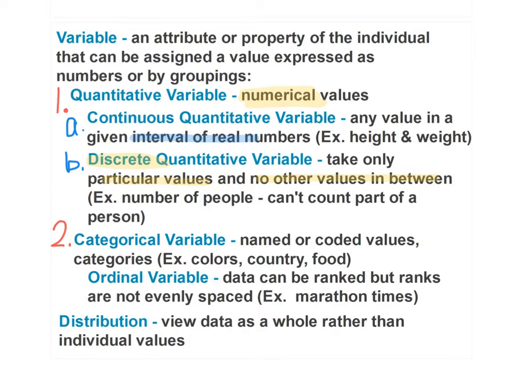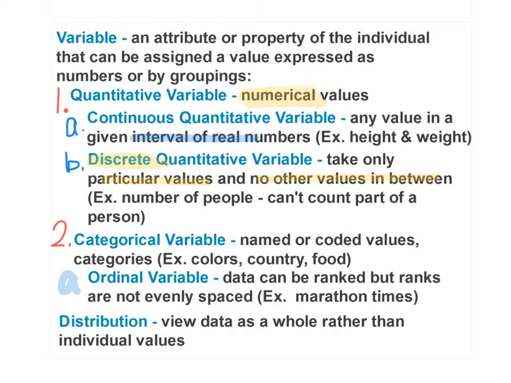Okay, categorical are named or coded values. Categories, these are anything that's not a number. So colors, country, food, that represents a categorical variable. Under categorical variable, we also have what's called an ordinal variable.